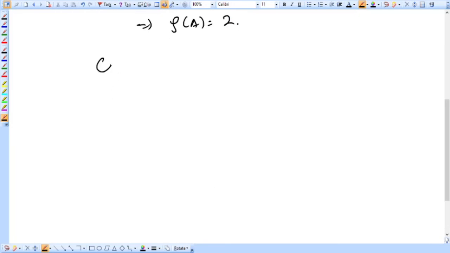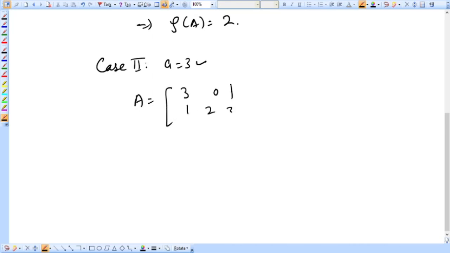Now case 2, when a is equal to 3. So here if a is equal to 3, matrix A would become 3 0 1, 1 2 3, 1 2 3, and here also you can find a minor which is not vanishing, not equal to 0.